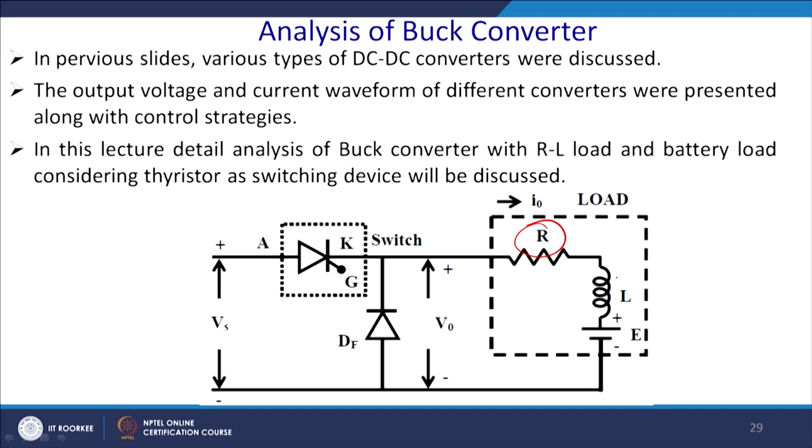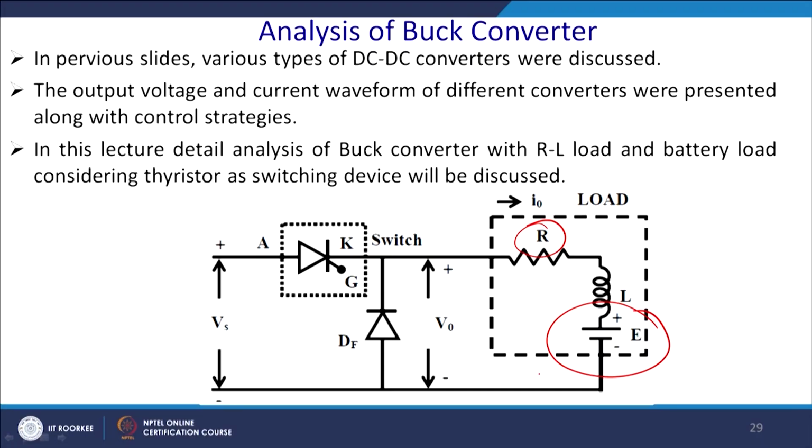There is a field part of it, and you have a back EMF because the motor is rotating and gives you a constant voltage. So, you can have something like this, or you may be charging a battery. That kind of application we can also model as an RLE load.